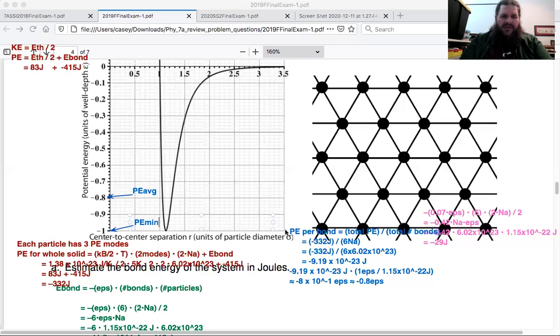If we know the minimum is negative 1 epsilon and the average is negative 0.8 epsilon, what would you expect to be the maximum potential energy? Negative 0.8 is the average between negative 1 and what?